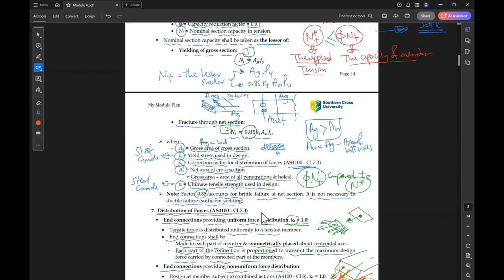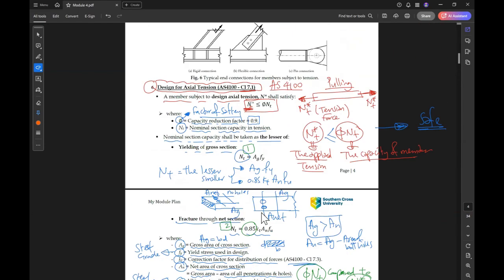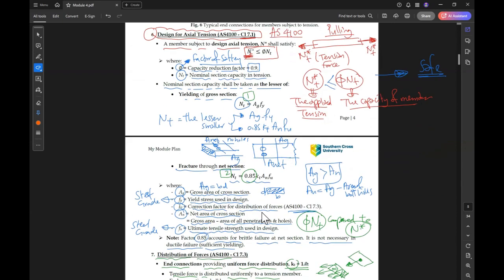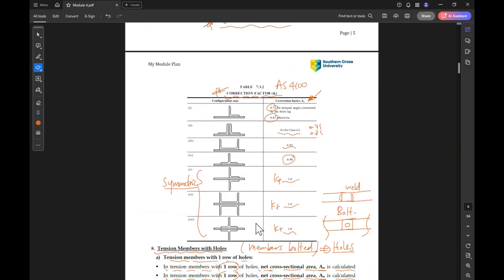So for the tension member, again, just a revision. So we have N star compared to phi NT. Phi NT, we need to find the smaller value of these two values, area gross F yield, or 0.85 KT area N times F ultimate. And we have gone through all of that.